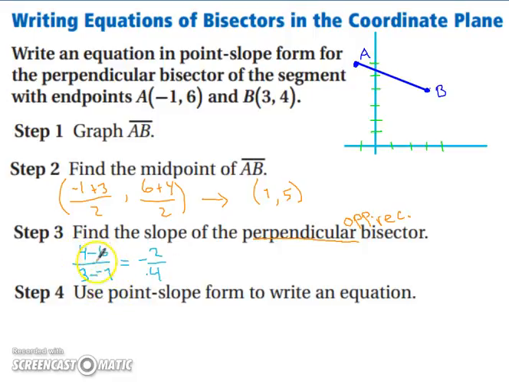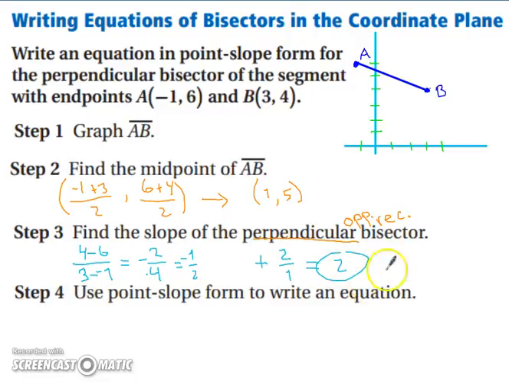So it's 4 minus 6 over 3 minus -1, which would give us -2 over 4, which is -1/2. So if you want the perpendicular bisector of that, we want the opposite reciprocal. So opposite would mean that it's positive, and then we need to reciprocate it. So it's going to be 2 over 1. Or you can just say your slope is now going to be 2.